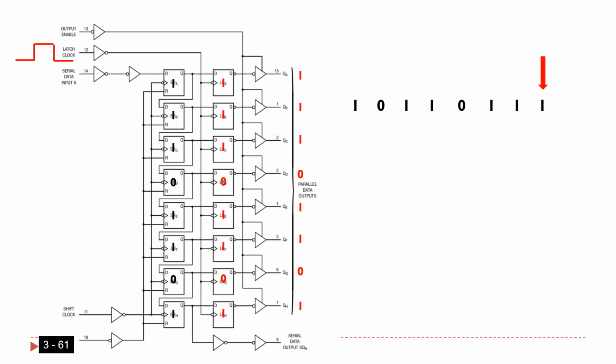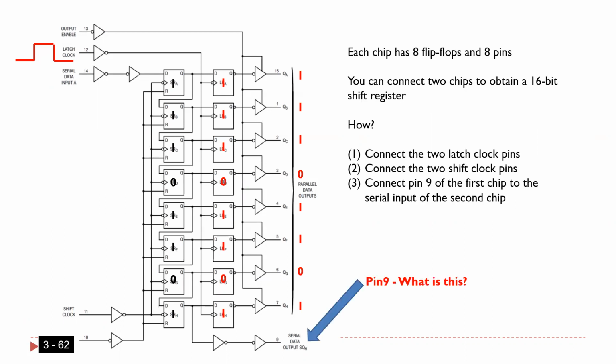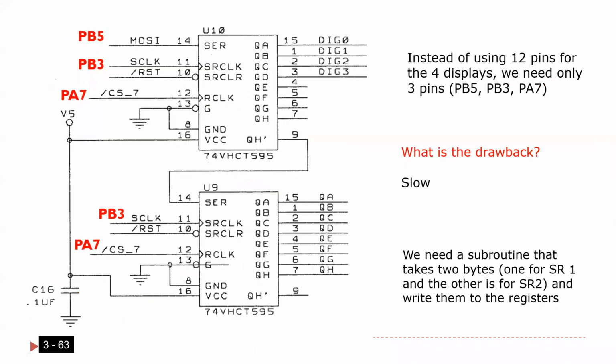Again, this is exactly what I did before. And don't worry, for sure there is always a trade-off. Yes, we reduced the number of pins, but now, number one, you need hardware. You need 2 of these chips to connect them.